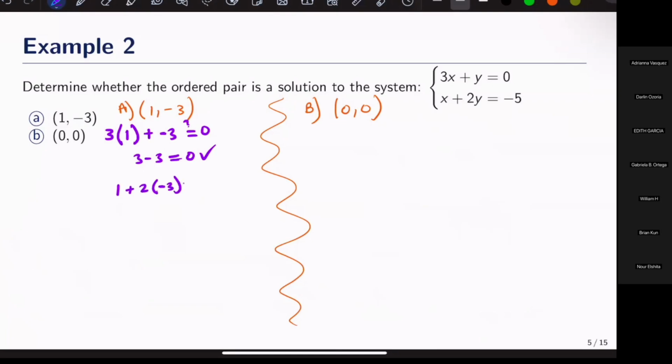That's our y. Is this equal to -5? We have 1 minus 6. Ooh, that is equal to -5. So 1 comma -3 is a solution to the system.